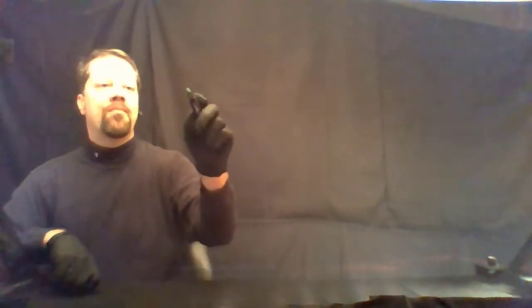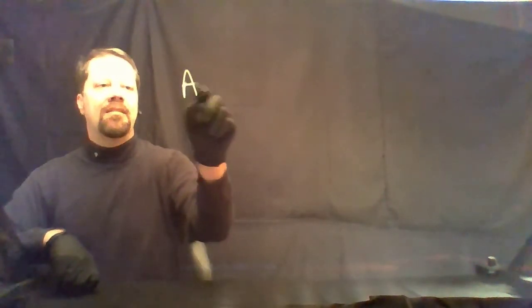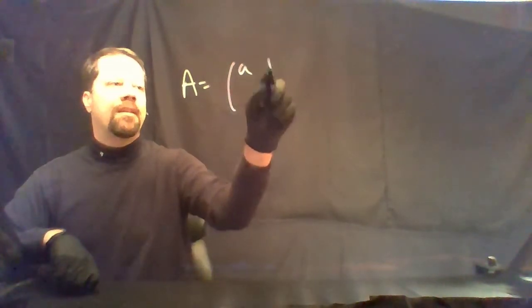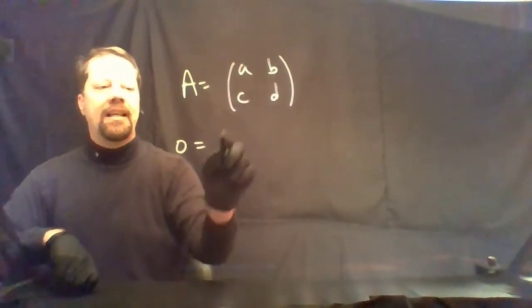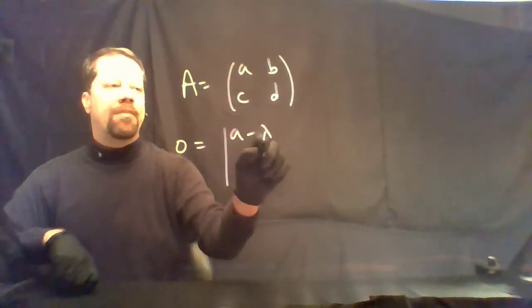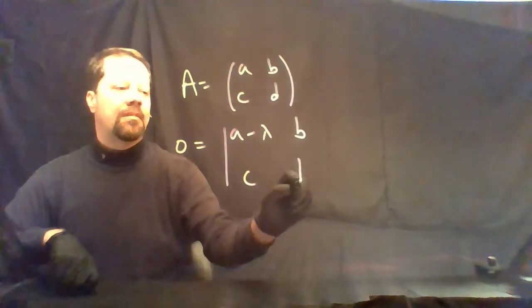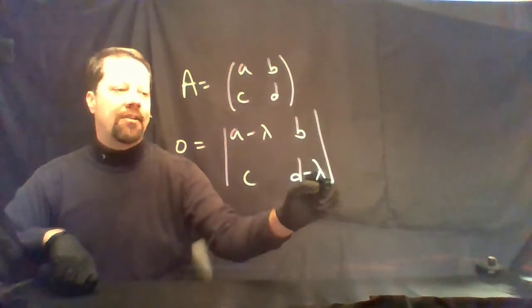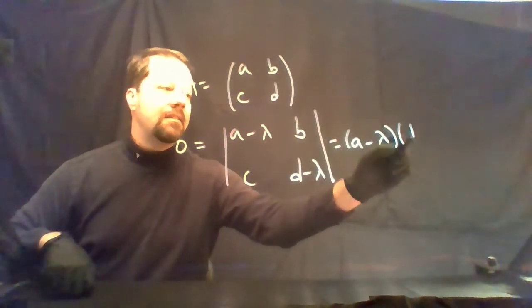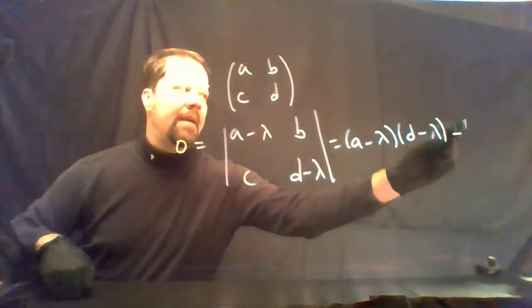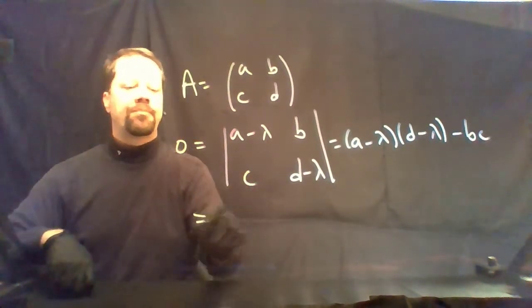To see this, suppose that A is just some general matrix A, B, C, D. We can calculate the eigenvalues by subtracting lambda from the diagonal elements and calculating the determinant. This gives us (A minus lambda)(D minus lambda) minus BC.